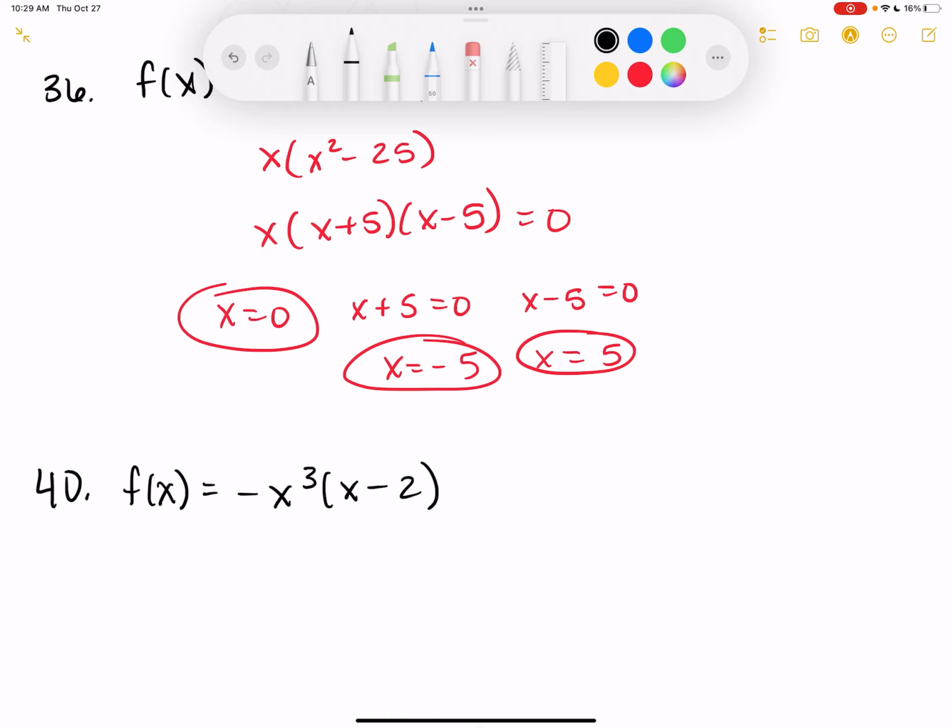If I were to multiply this, you don't actually need to multiply it, but if you were to multiply it, how many x's would you have? Or what power would x have on it? x to the 4. So our degree is 4.